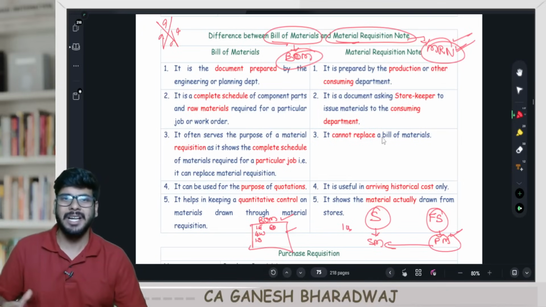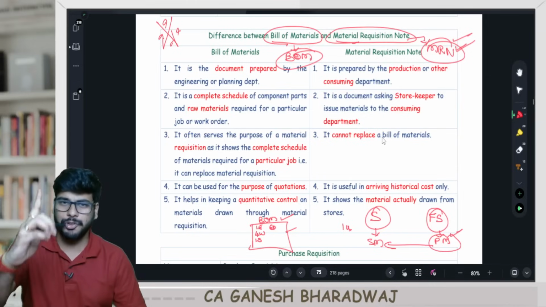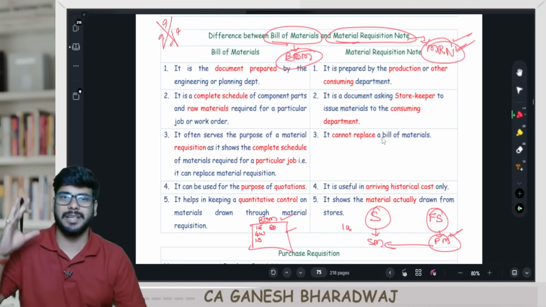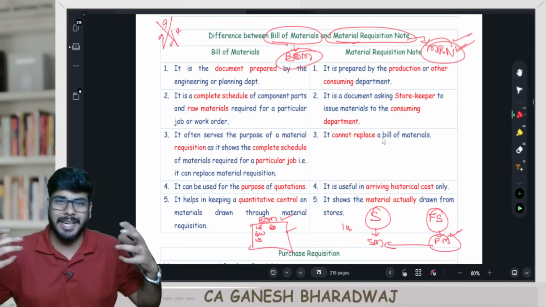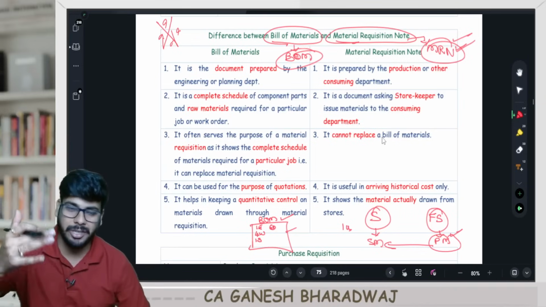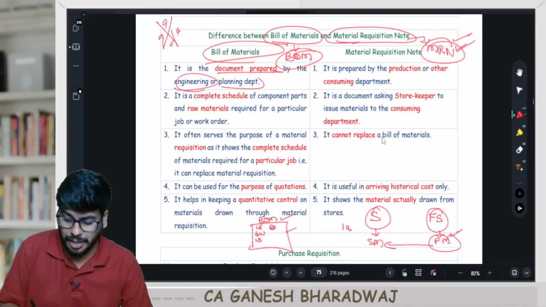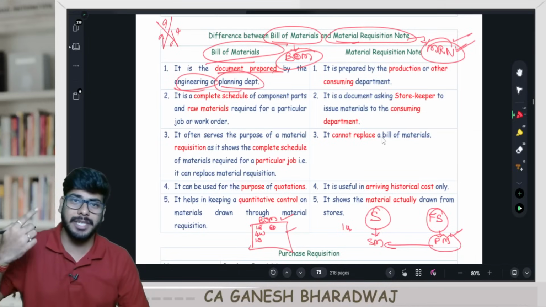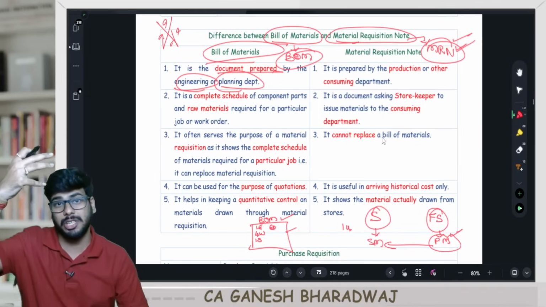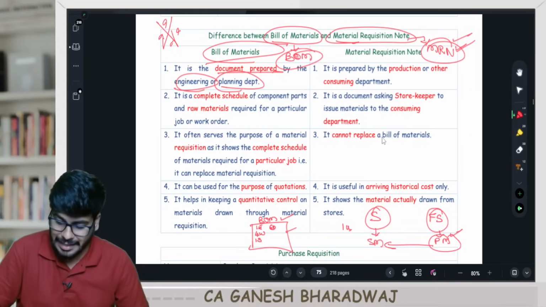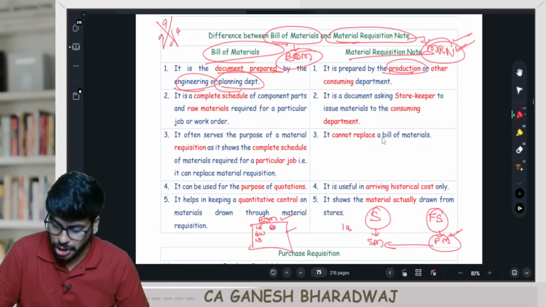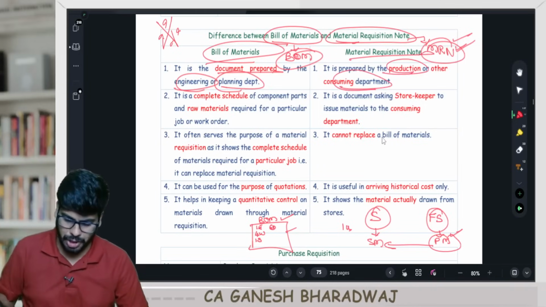Whereas a bill of material contains, for me to produce 1 unit of FG, what are all the ingredients required. Are you clear with this? These two are completely different. Now, based on this, you read it. Bill of material is a document prepared by the engineering or the planning department. Obviously, only these guys know what different types of raw material you need to produce 1 unit of FG. Whereas MRN is prepared by the production or the consuming department, basically the production department.